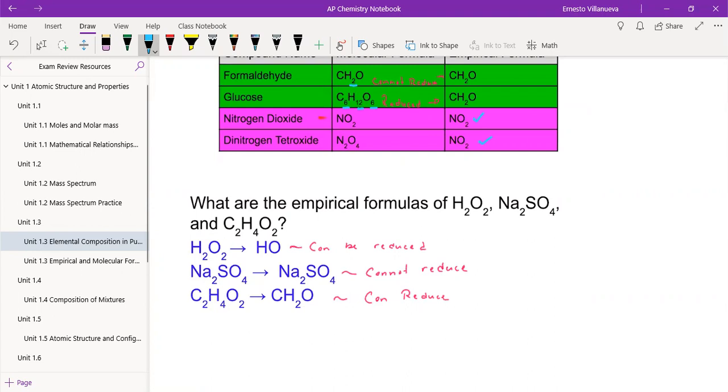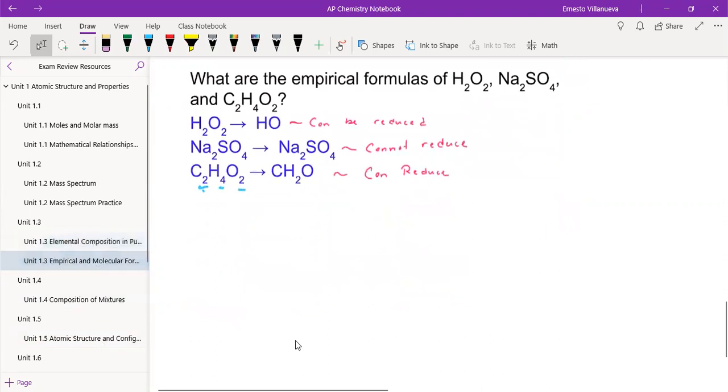Sodium sulfate cannot be reduced any further. That's going to stay exactly the way it is. And C2H4O2 can in fact be reduced to CH2O. If you can see that these have a common factor, that you can reduce them, that's all you need to do to find the empirical formula.